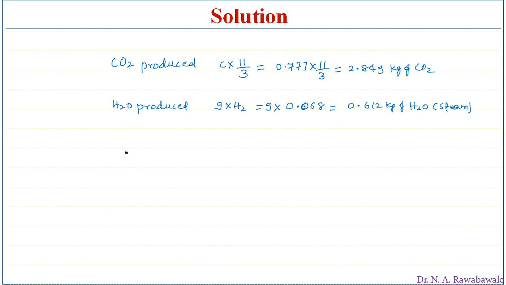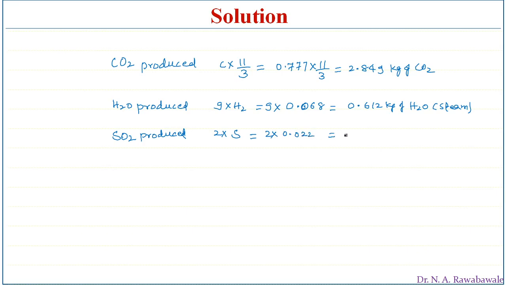So next constituent of this gas is sulfur dioxide, SO2 produced. If we burn 1 kg of sulfur in presence of 1 kg of oxygen, it produces 2 kg of sulfur dioxide. So 2 into S, so 2 into percentage of sulfur given is 2.2%, means 0.022.